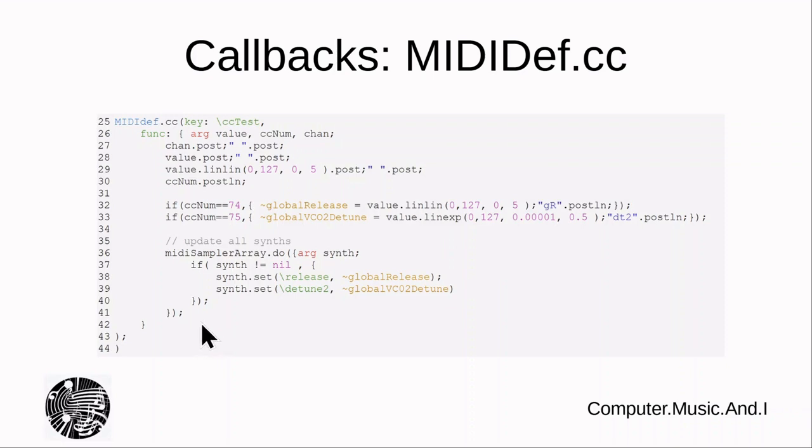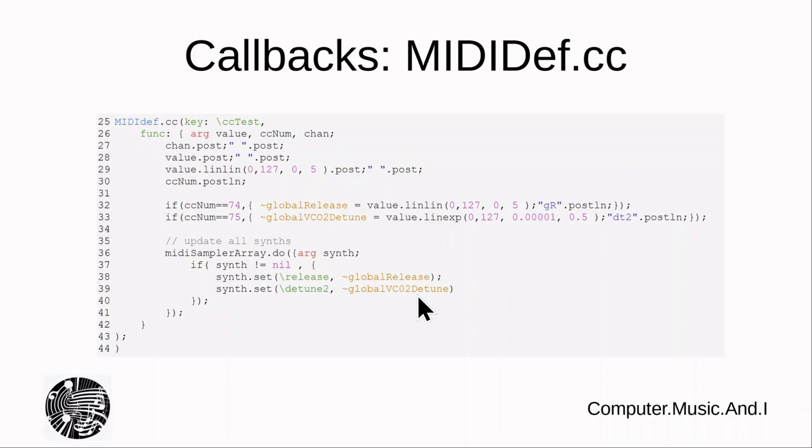Now, one thing is left to be done, and this is we need to update all the synthesizers that are currently running. So what is done here is a loop, running through all the MIDI sampler array, and if the synth is not nil, that is, if it's still there, then release and detune of the synth are going to be set to the global values.